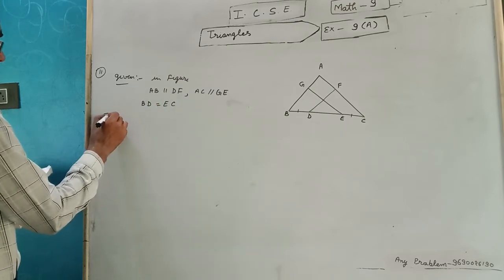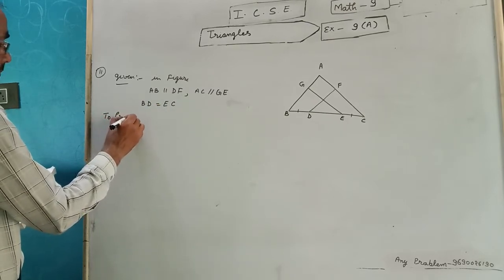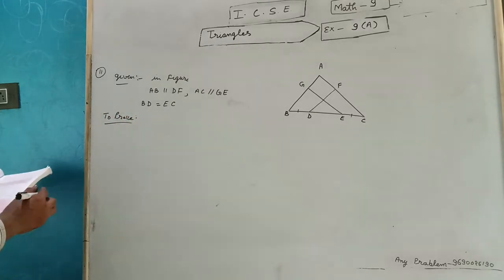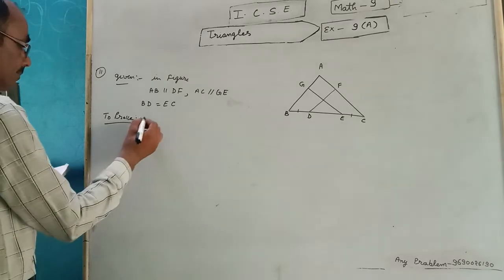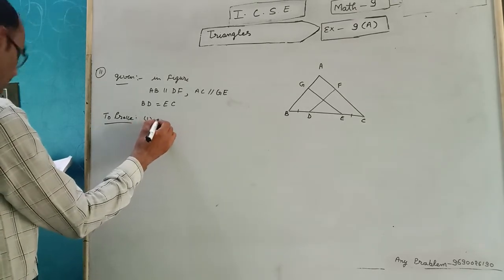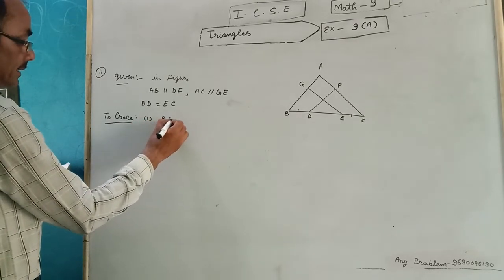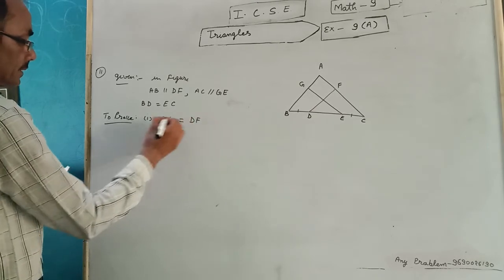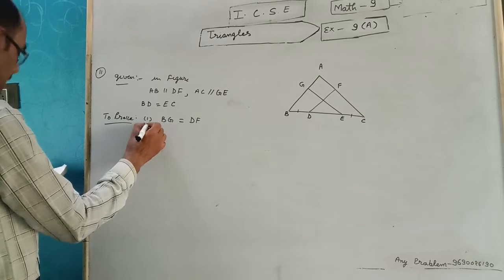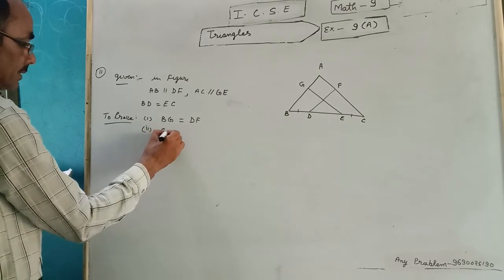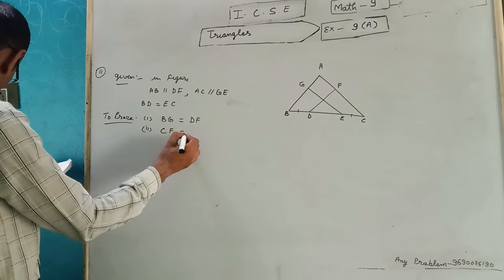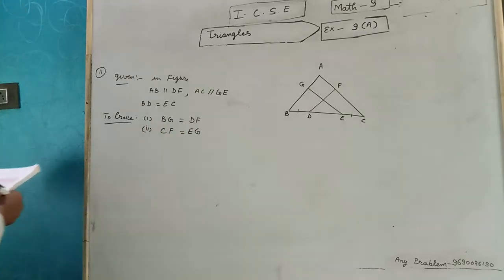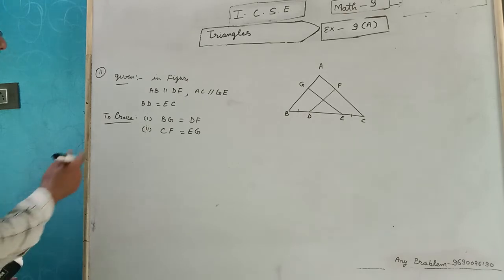To prove: first part is BG equal to DF. Second part is CF equal to EG.